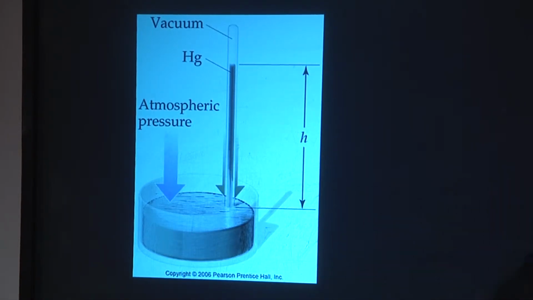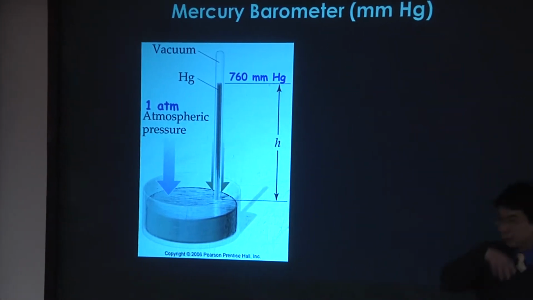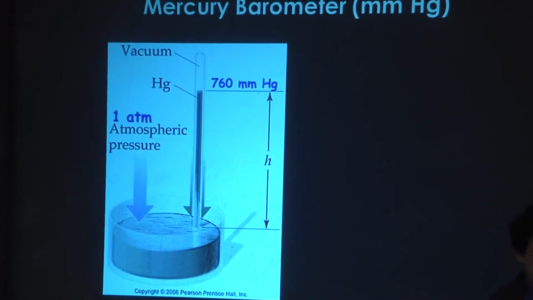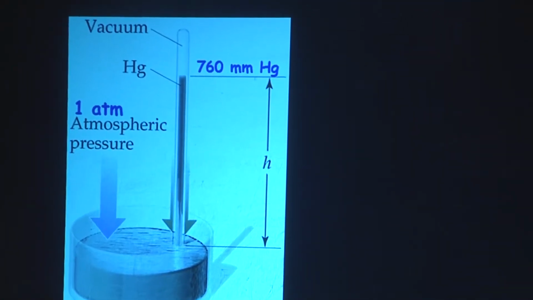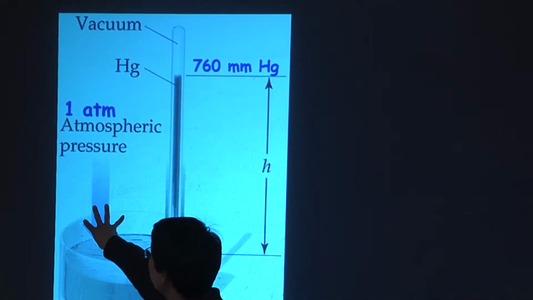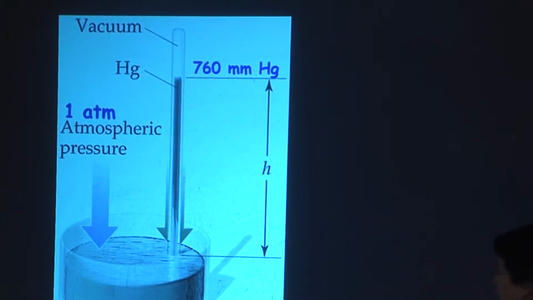And that height turns out to be 760 millimeters, which is the same as 76 centimeters, which is the same as 0.76 meters. Right? And so 1 atmosphere of pressure equals 760 millimeters of mercury.